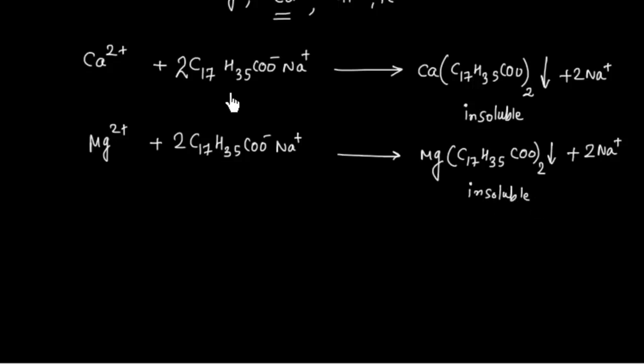This part of soap has to remove the dirt, but now it is combining with Ca2 plus. That is a wastage of soap. If we add excess soap, what will happen? All the Ca2 plus will combine with soap, and after we add more soap, it will start functioning.